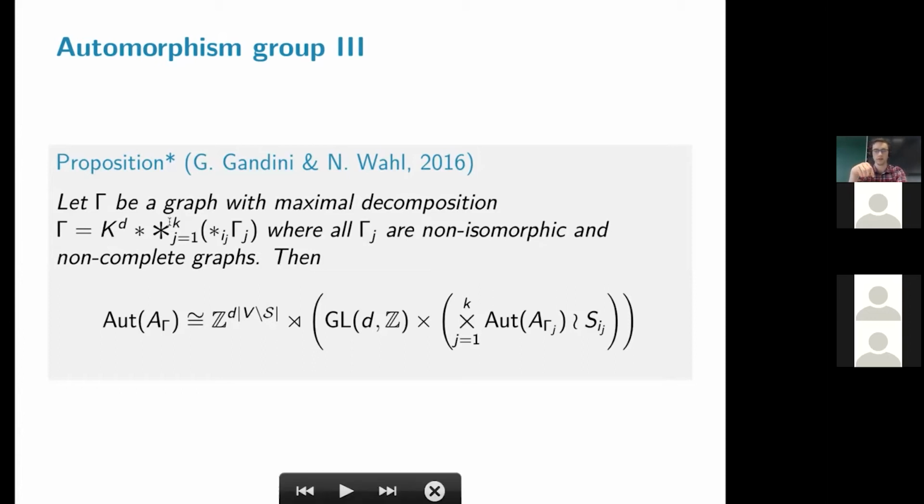So you take, for instance, K non-isomorphic and non-complete graphs, and you take i_j copies of the jth isomorphism type, put them together, take the simplicial join, take the whole simplicial join, and then add some clique to it. Then you can describe the automorphism group of the associated right-angled Artin group A_Γ in terms of these factors. And this yields the following decomposition.